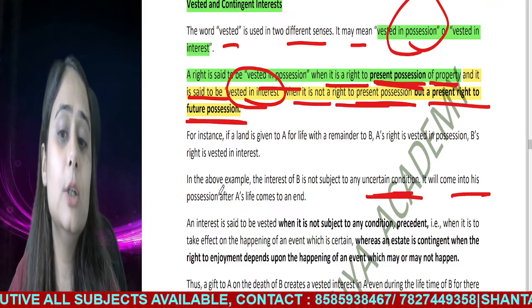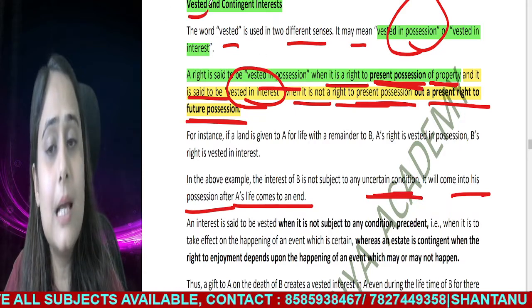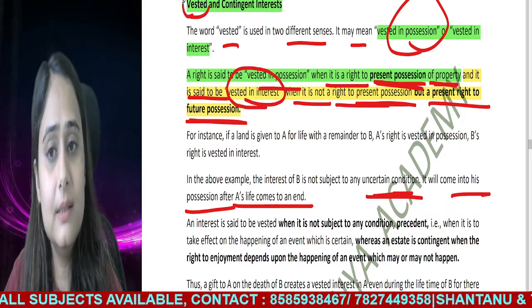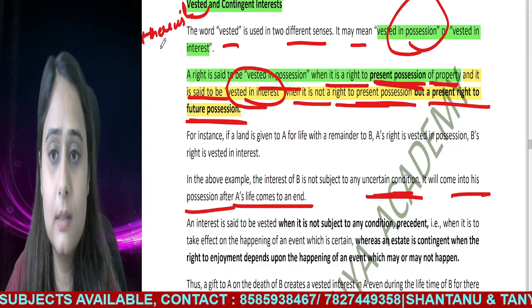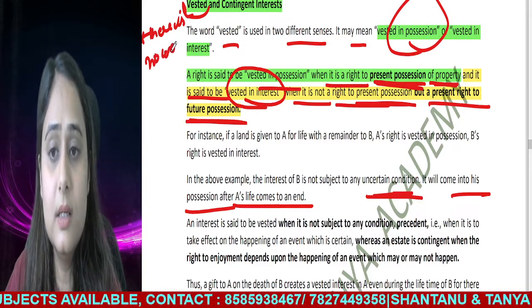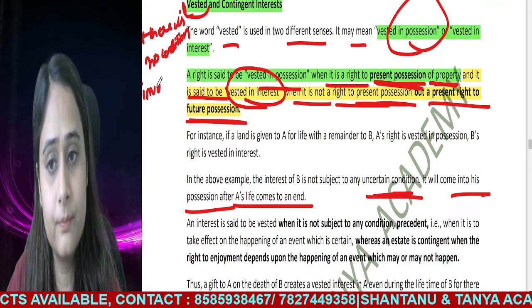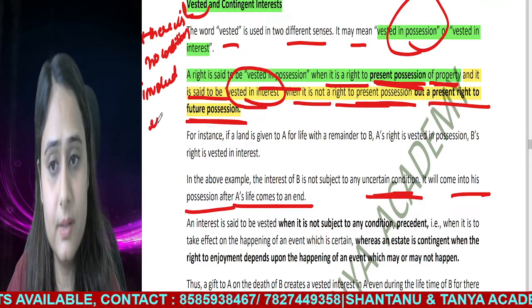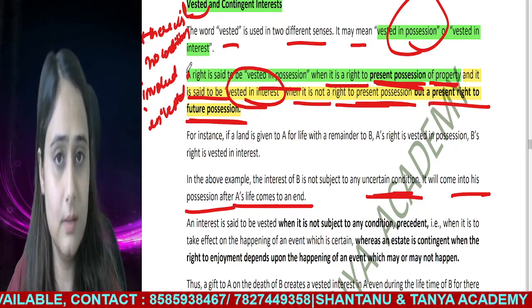It will come into his possession after A's life comes to an end. Write it down as simply as that: there is no condition involved in vested. There is no condition involved in vested, right?